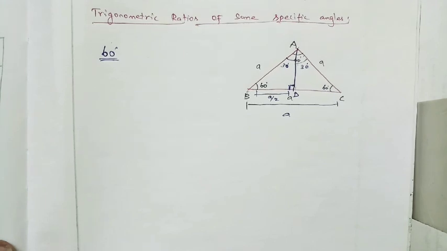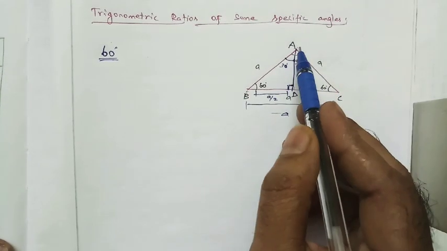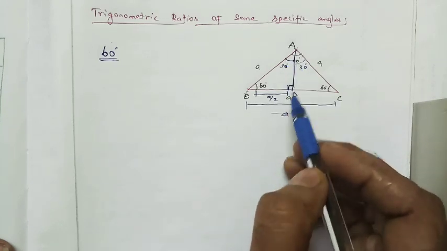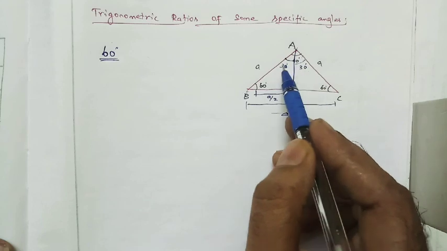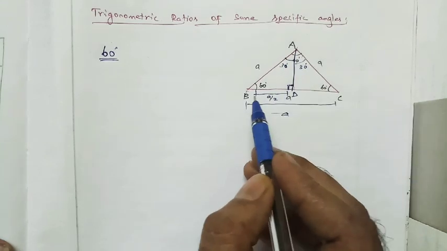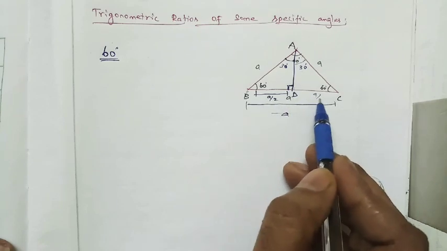If you draw a median, it will be a perpendicular; if you draw a perpendicular, it will be a median in an equilateral triangle alone, not in all triangles. If this is a median, the angle will be bisected, and at the same time the side also will be bisected. Angle bisecting means 60 degrees will be 30 degrees and 30 degrees, and the length A will be halved, A by 2.